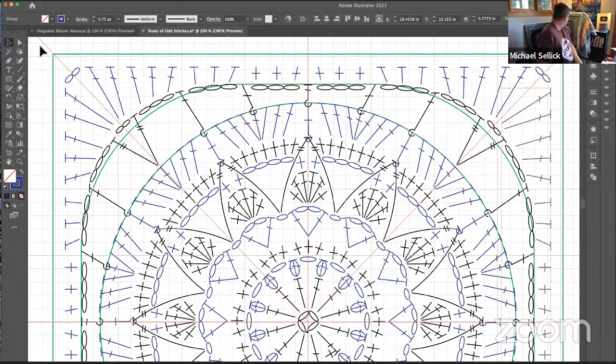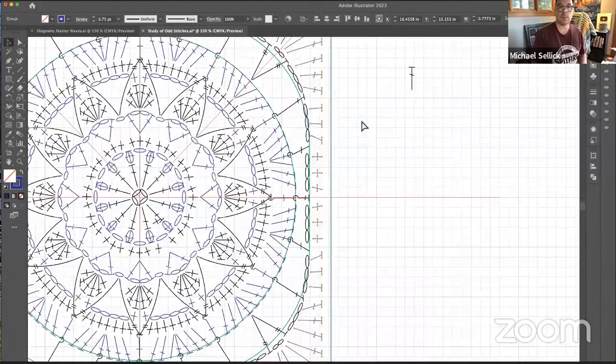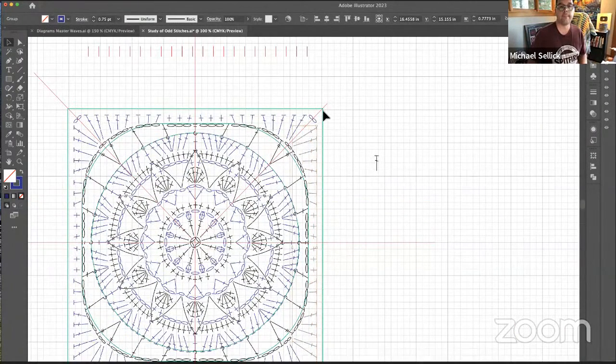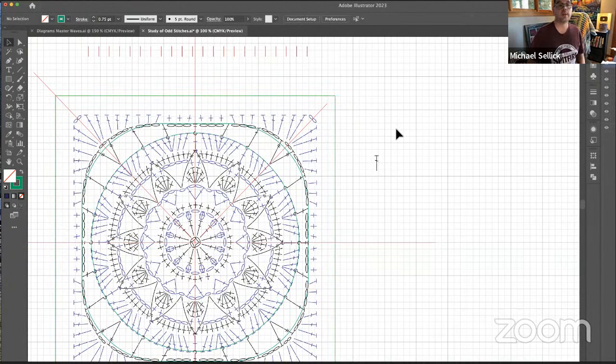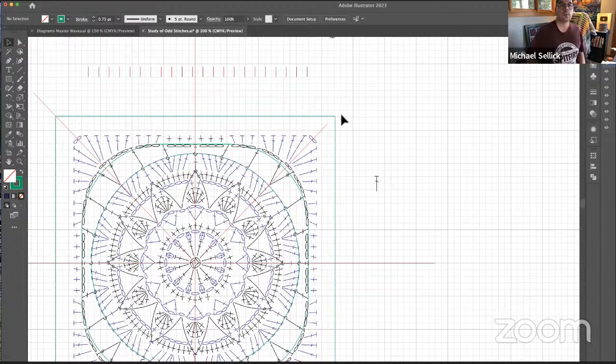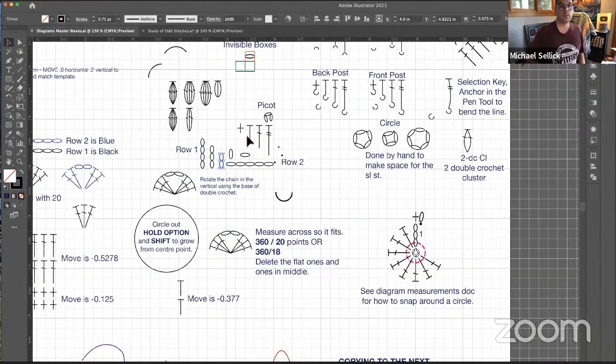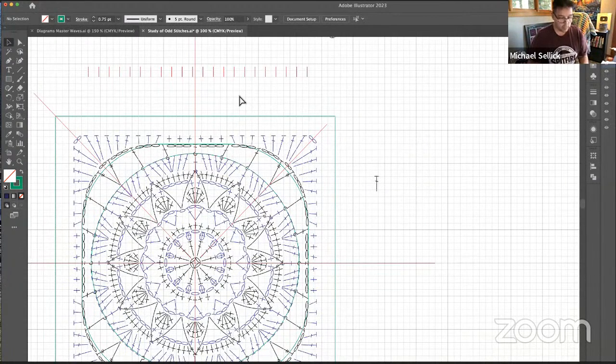And then round number 11 is next. It's double crochets. So I'm going to end week 1 on round number 12. I think that's my goal.